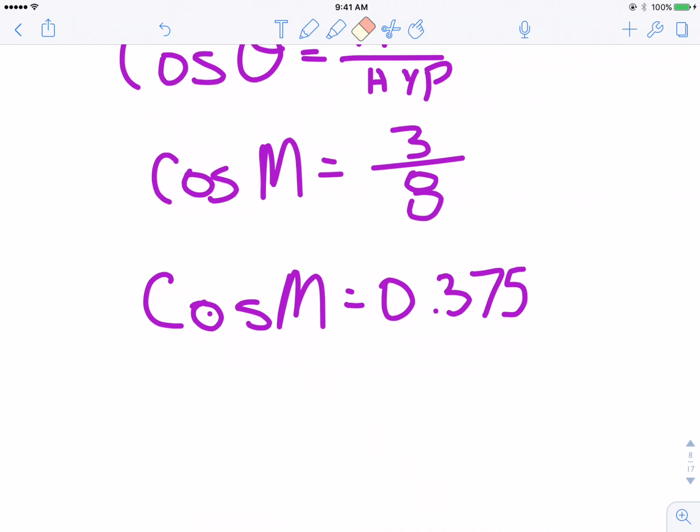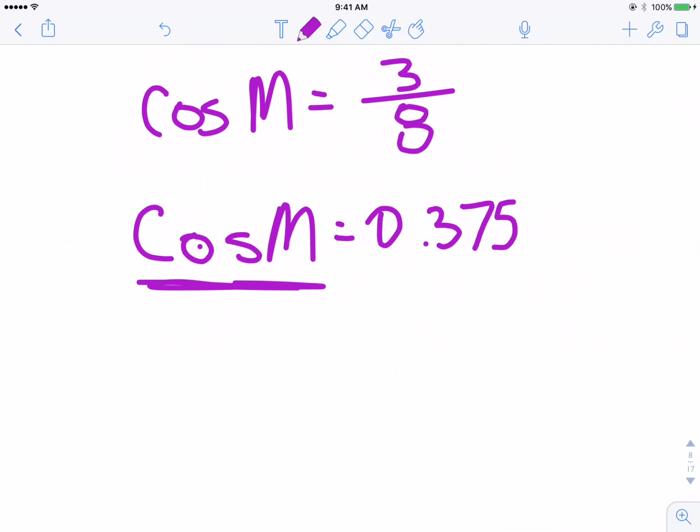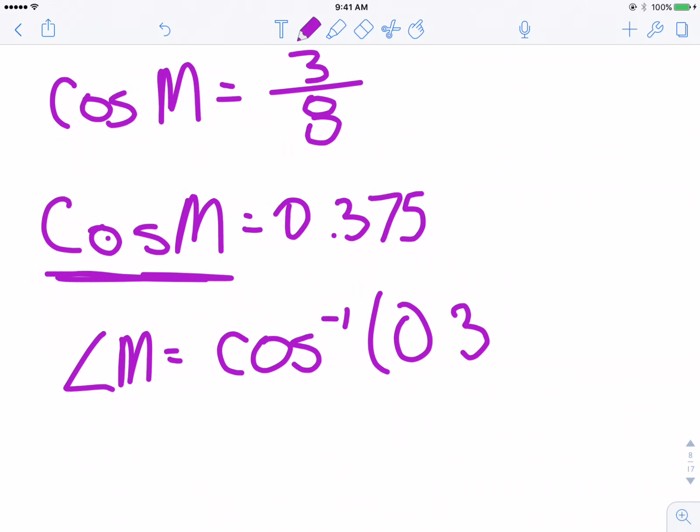Remember, thinking to yourself, well, if I have this funky decimal number, it's probably not a proper answer for an angle measurement, so I need to do another step. So angle M is equal to the inverse function of cosine, cosine to the minus 1, of 0.375.